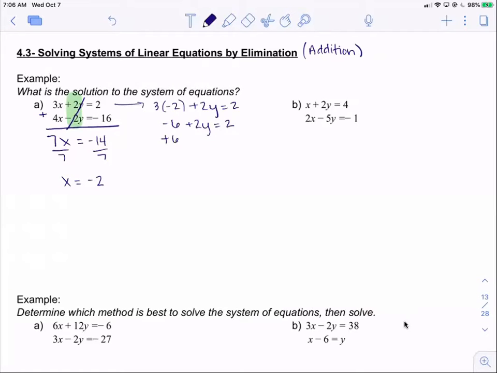Add 6 to both sides. So 2y equals 2 plus 6, which is 8. Divide both sides by 2. So y equals 4. Remember, we always write our solutions as ordered pairs. So negative 2, 4.